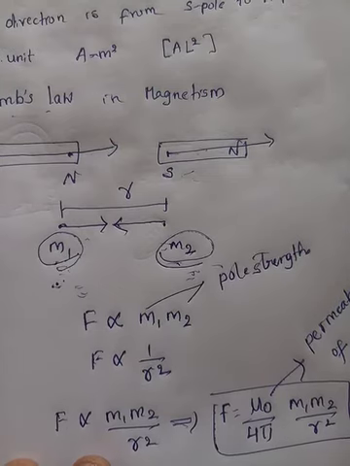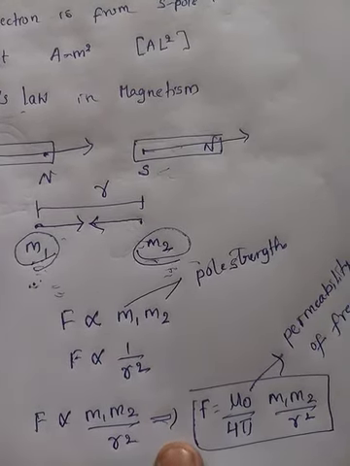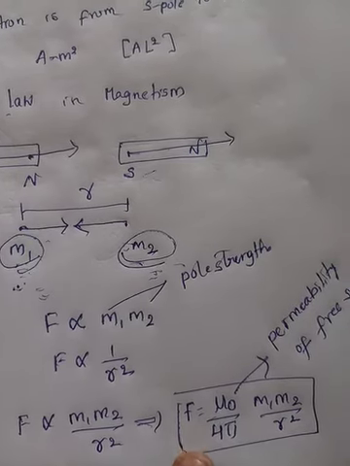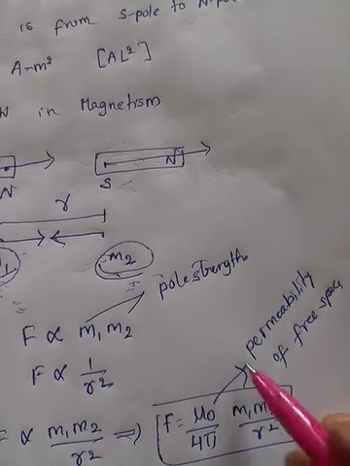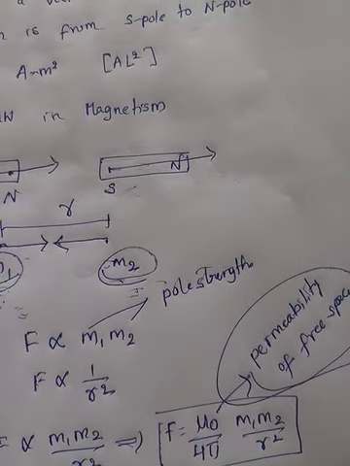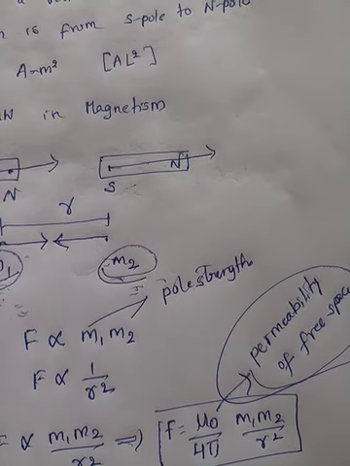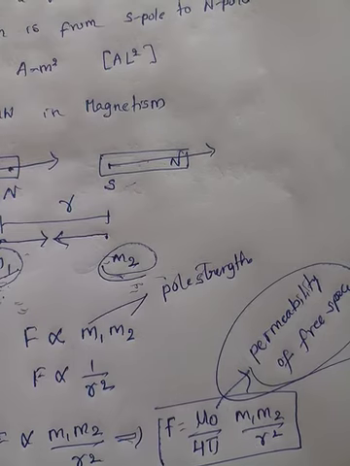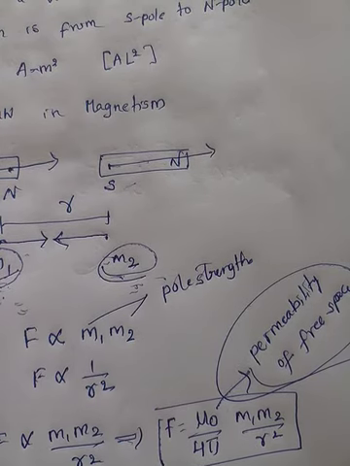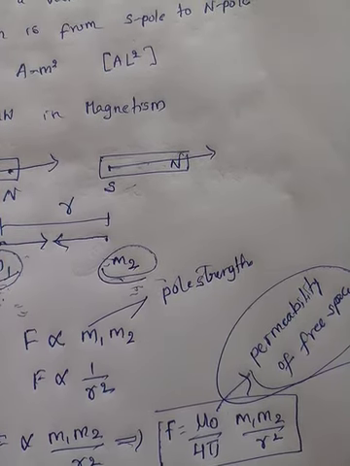That is, F is directly proportional to M1 M2 by R square. That implies F equals mu naught by 4 pi, M1 M2 by R square, where mu naught is called permeability of free space or vacuum. If you consider it in a medium, then it is called permeability of medium. So go through these classes very carefully, because all the basic concepts we require have been discussed here. Is it clear?